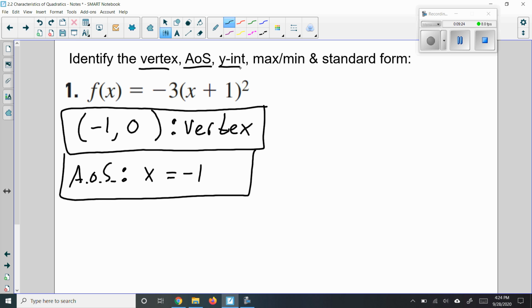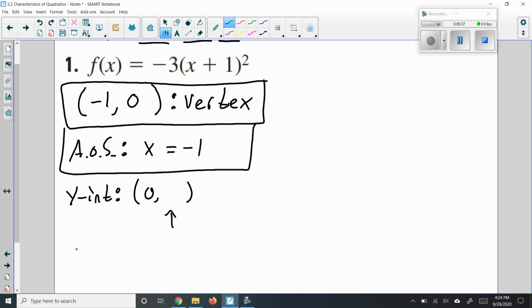Okay, what's the y-intercept? Well, recall the y-intercept is when x is 0. So if x is 0, we need to find f of 0, which is negative 3 times 0 plus 1 squared, and that's it.